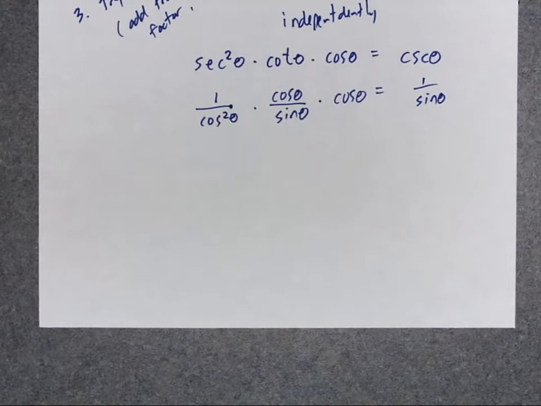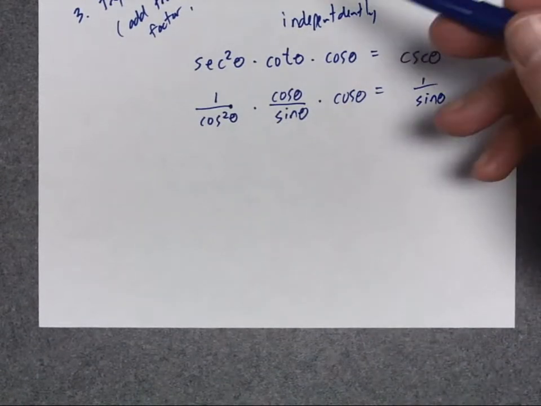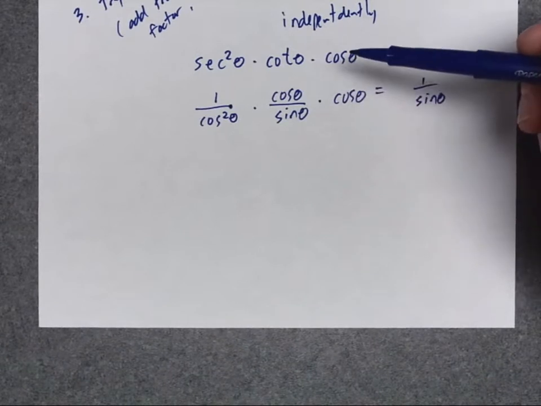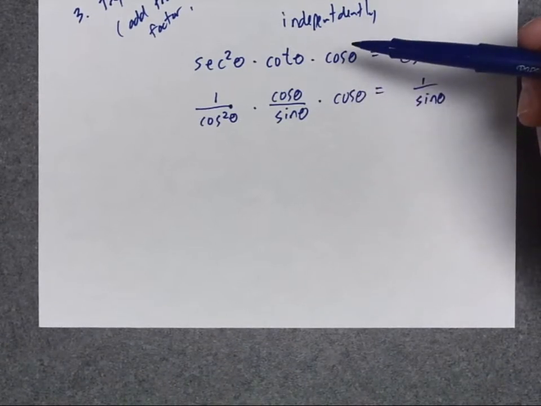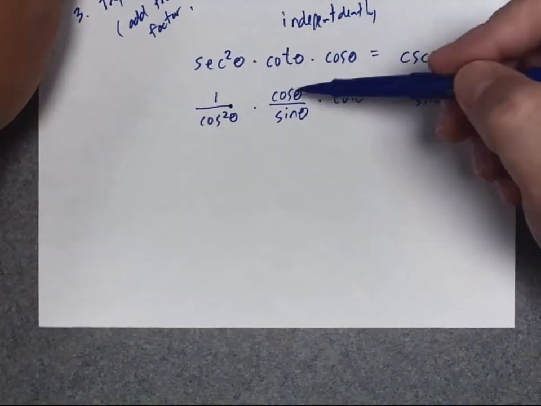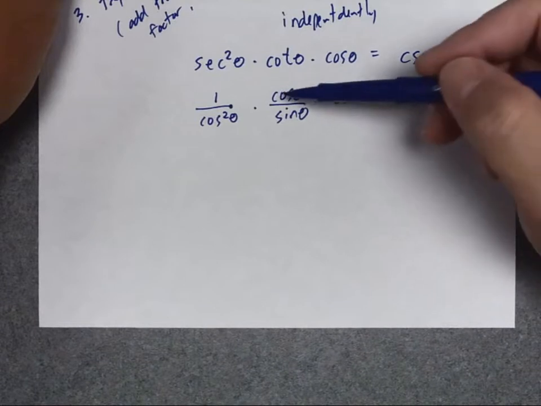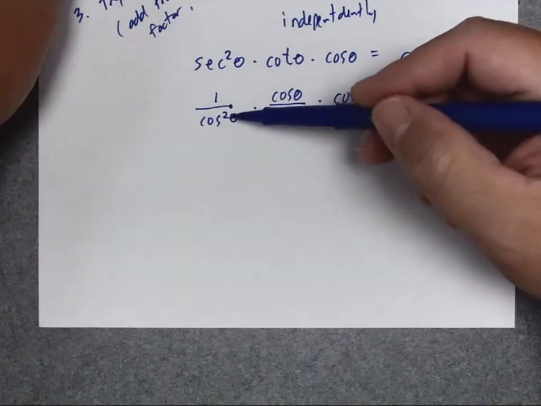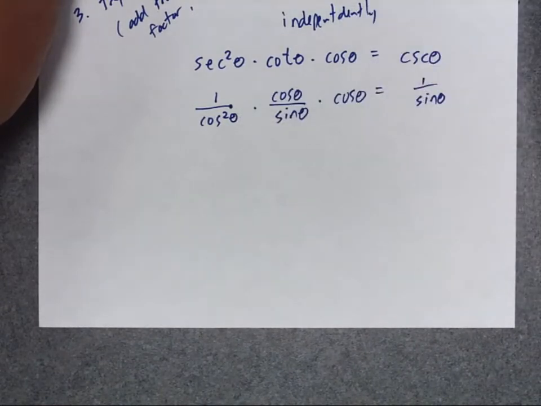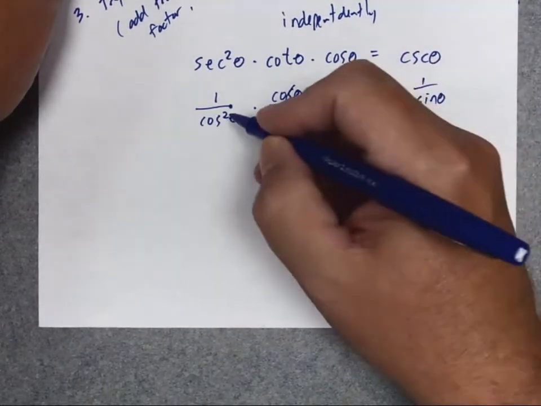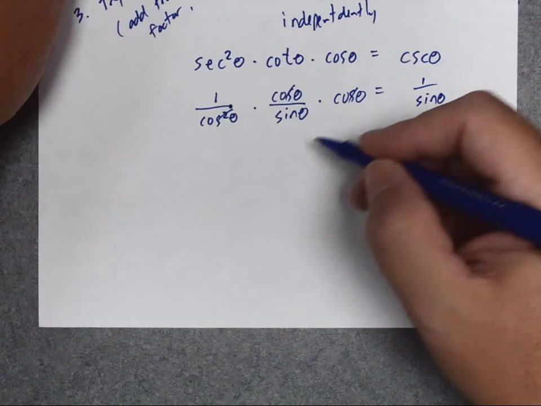So now you just start looking at what might work, and you see, well, I've got some fractions here, maybe some things cancel out. And then I say, well, look at this. I have cosine times cosine. So really I have cosine squared in the numerator, and over here I have cosine squared in the denominator. So all those actually will cancel out.